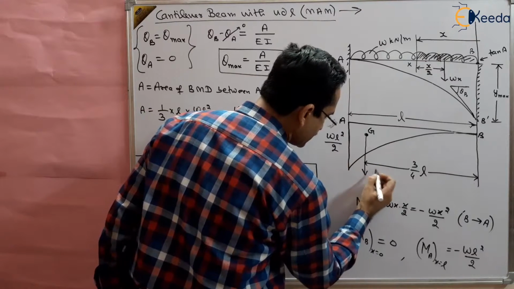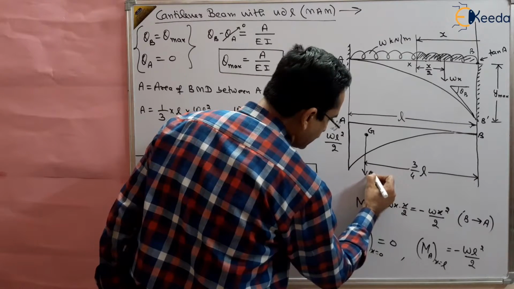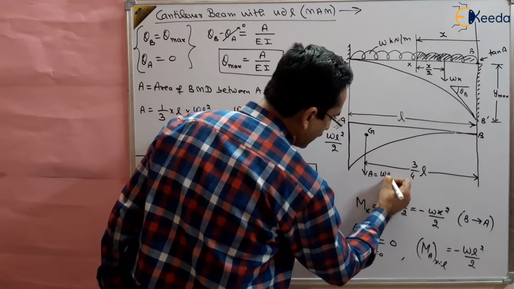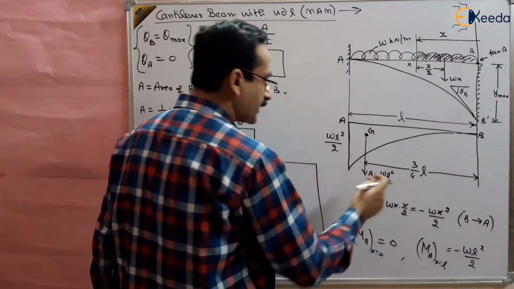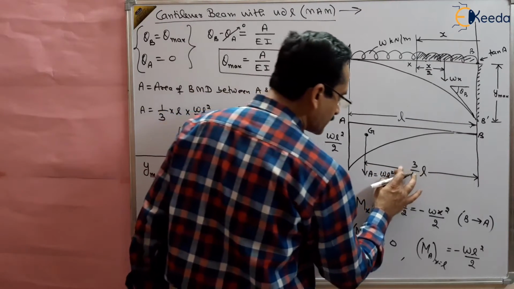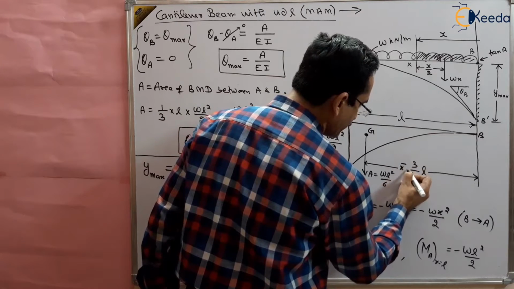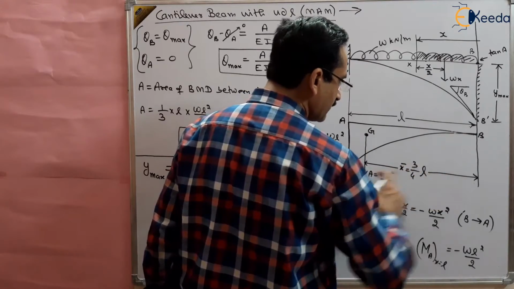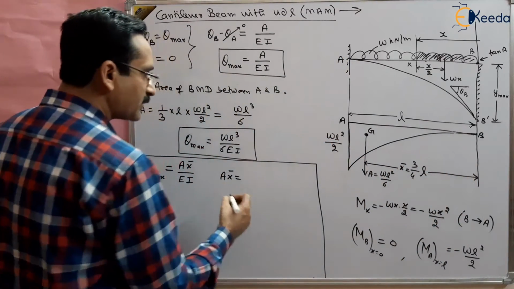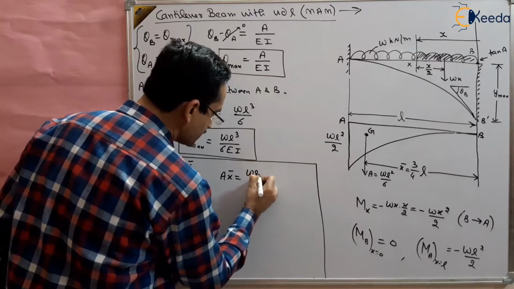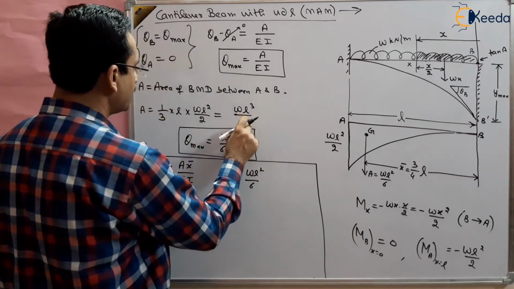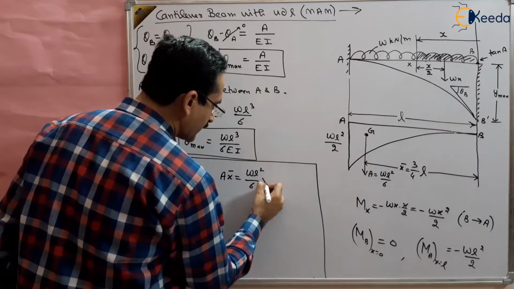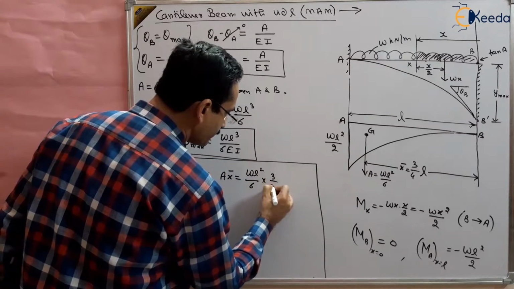Taking the moment of this area, this is x bar, suppose. So the moment of this area will be A x bar, the area multiplied by this distance. So A x bar will be equal to the area, WL square by 6, multiplied by x bar, which is 3/4 L.